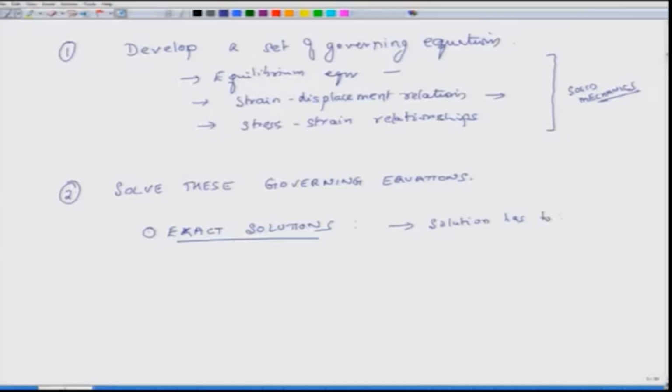A, it has to satisfy the governing equations exactly. It has to satisfy them at all points in the area of interest. Okay.